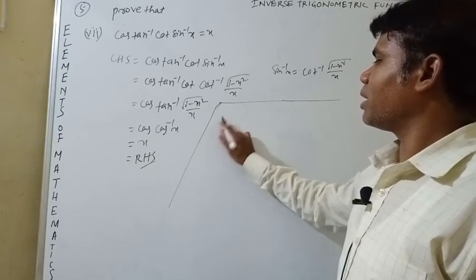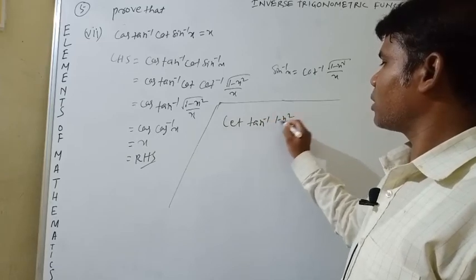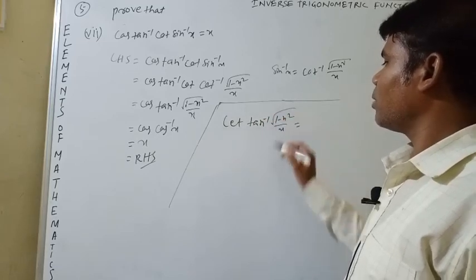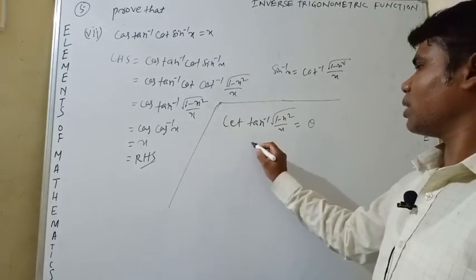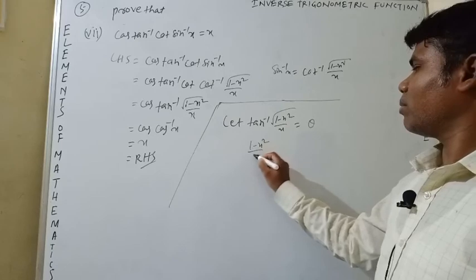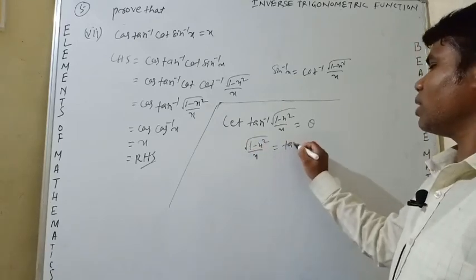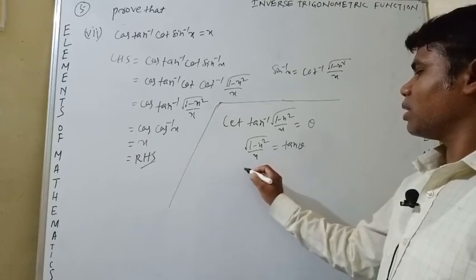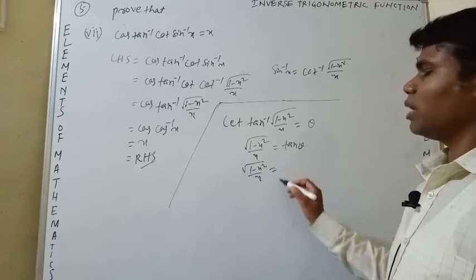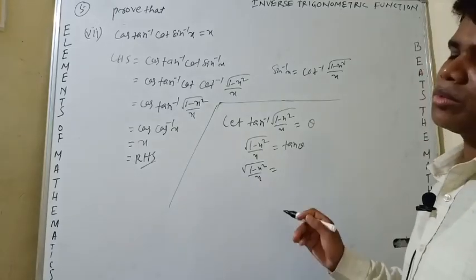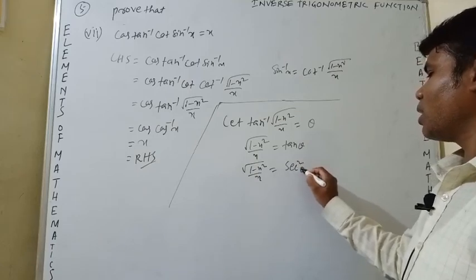You consider, let tan inverse root over 1 minus x square by x is equal to theta. Okay, root over 1 minus x square by x is equal to tan theta. Tan theta is equal to root over sec square theta minus 1.